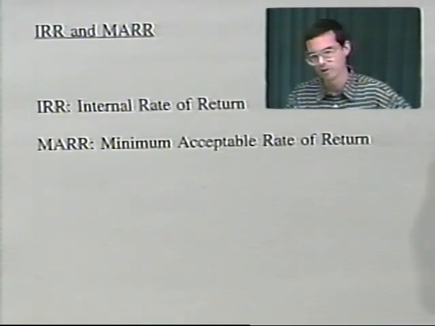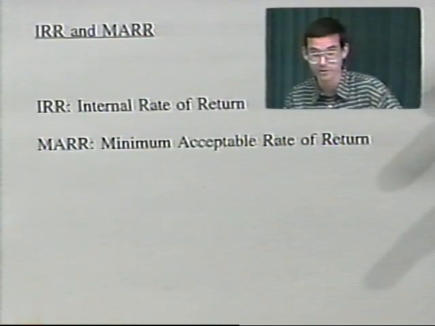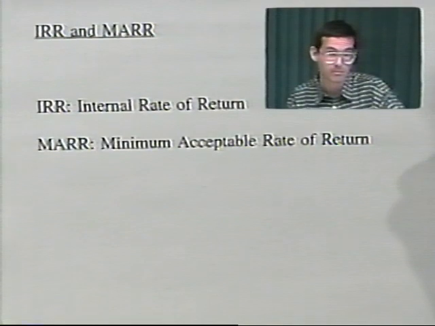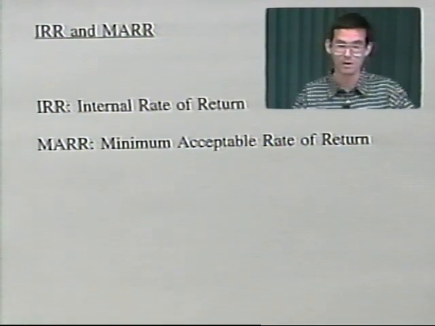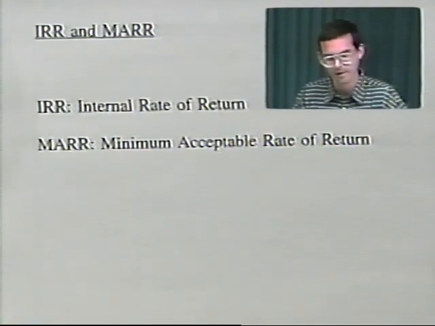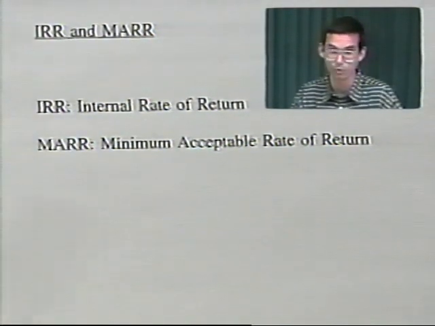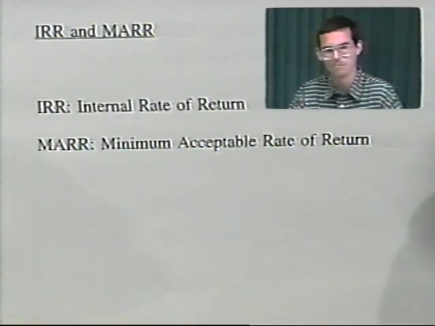Now, if we calculate a project to have a particular interest rate associated with it, inherent in it, then that interest rate may be good or bad. But we have to compare it with something to determine whether it's good or bad, or desirable or undesirable. For example, if I have a project of sticking my money in the bank, and the bank pays 4% interest, well, I have to judge whether 4% interest is a good interest rate for me or not.